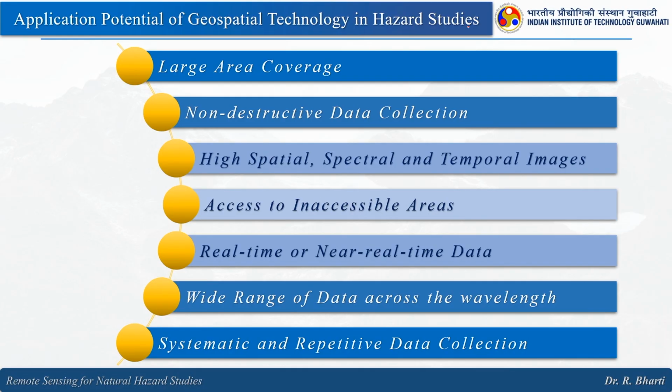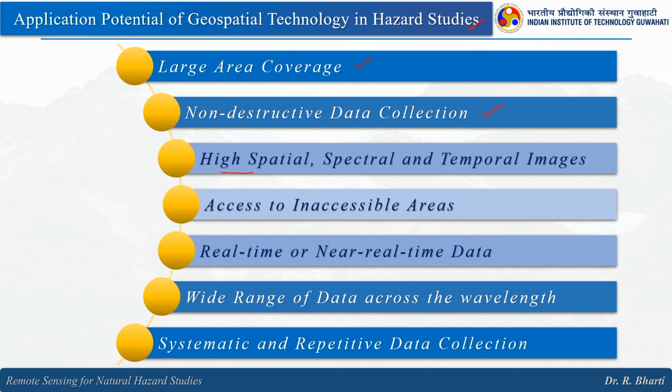This is the second part of this lecture where we will try to understand the application potential of remote sensing in natural hazard studies. So, first let us see the different advantages of geospatial technology in particular. We have large aerial coverage when we talk about satellite images, and remote sensing data sets are a non-destructive data collection method.